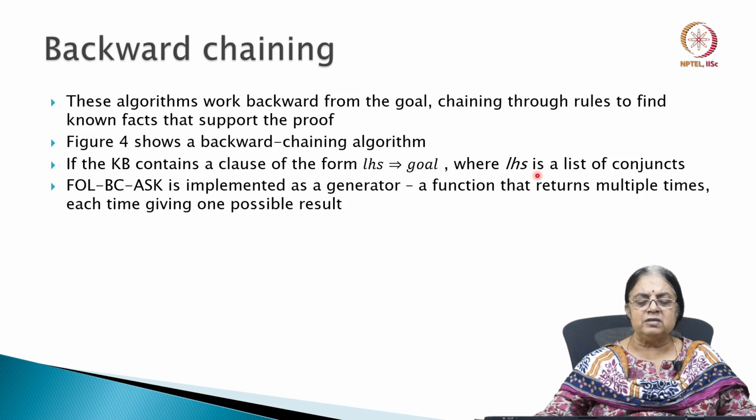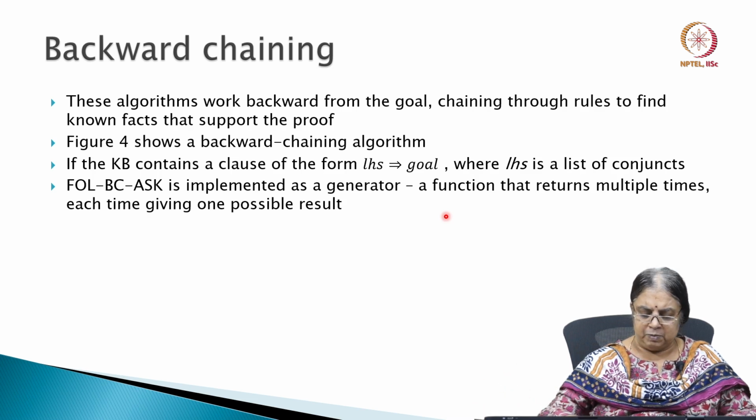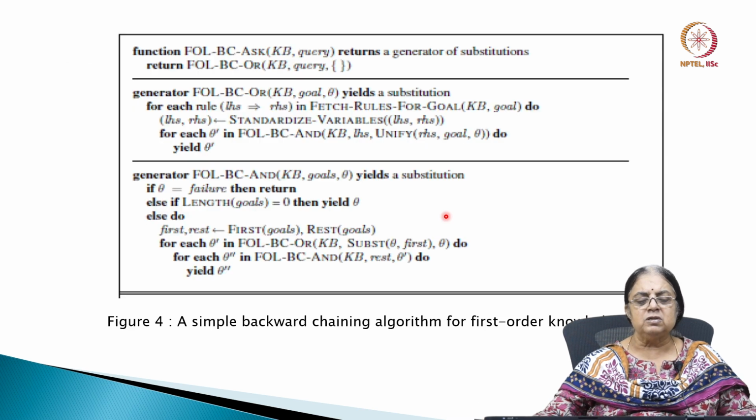So you take this list of conjuncts and try to prove each of them separately by looking at the facts in your knowledge base. And of course substitution will have to be carried out appropriately as you go along. Okay, so this is your backward chaining.